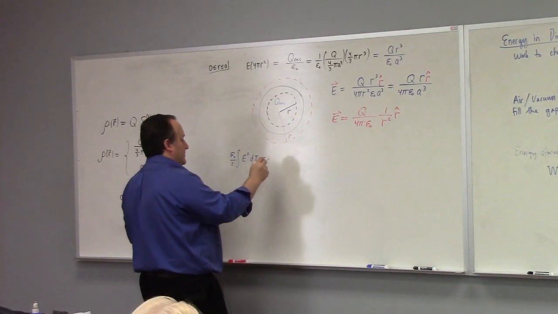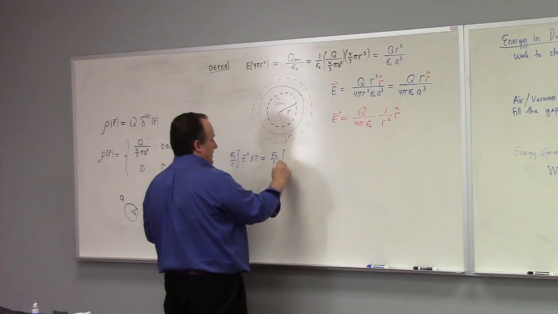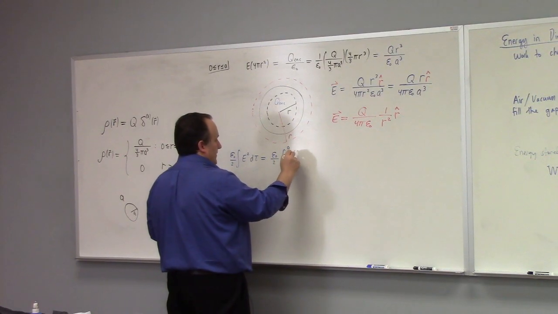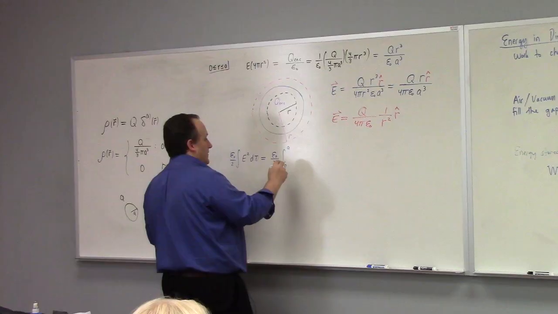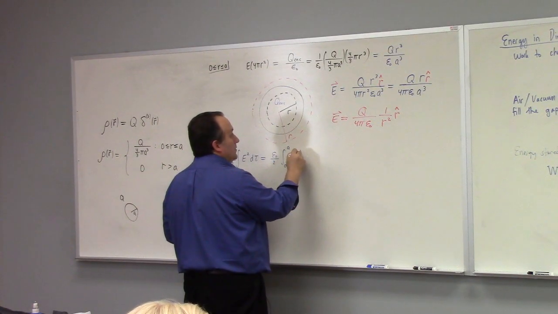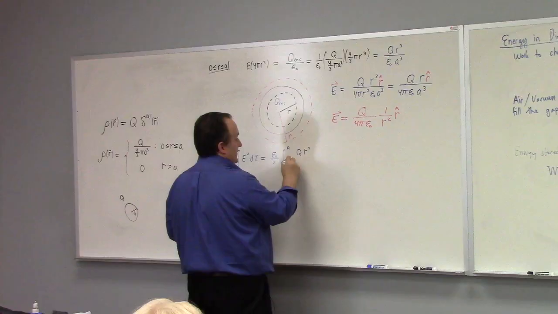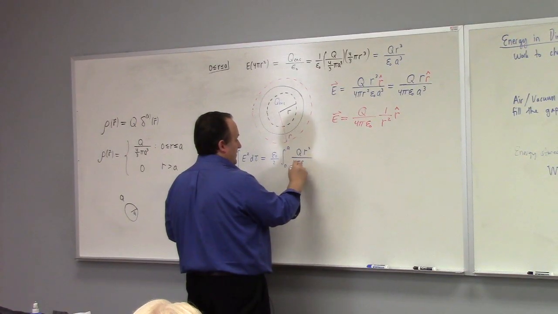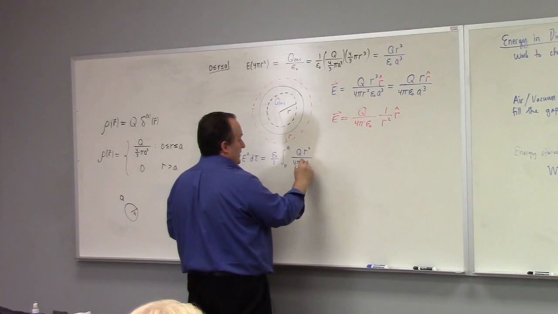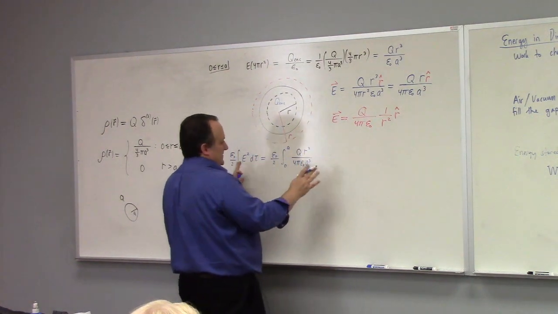Well, that goes like epsilon naught over 2, integral from 0 to a, of Q r squared divided by 4 pi epsilon naught a cubed. And then we know what happens to the rest, right?